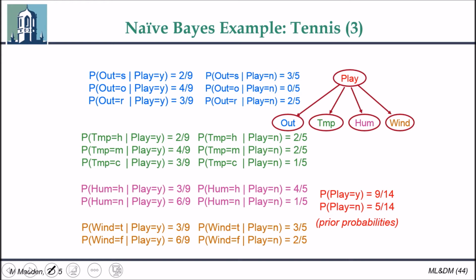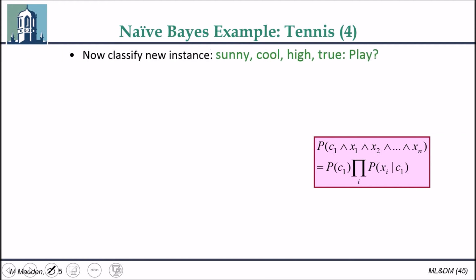So, if you look back at that table, 9 times out of 14 I play tennis, 5 times out of 14 I don't play tennis. So they are our prior probabilities. All of the others are the conditional probabilities on individual arcs. So that set of probabilities plus the structure is our naive Bayes classifier.